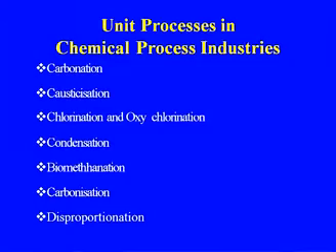Earlier, in the manufacture of vinyl chloride, we were using chlorination. Now we are using oxychlorination. Then condensation, biomethanation, carbonization, which is very important in coal carbonization and biomass carbonization, and disproportionation, which is important when we convert toluene into the more value added products xylene and benzene.